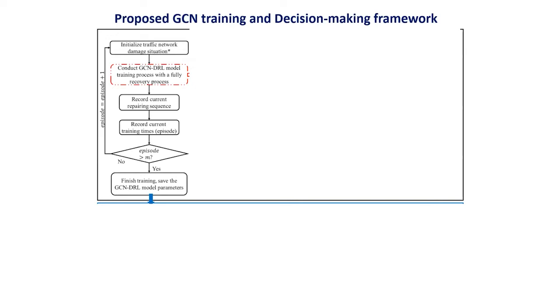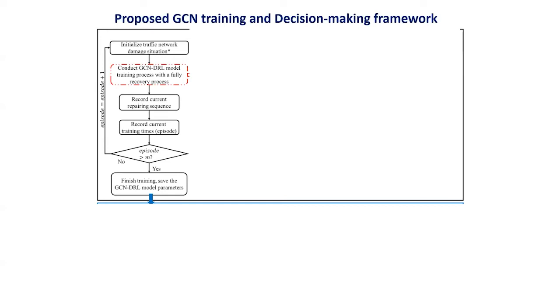First, we are going to initialize the traffic network damage situation, because we always need to start with some damage, right? After we get the damage situation, we feed this network into our JSON DRL model, and this model gives us a recovery sequence, like how we should recover this road network.